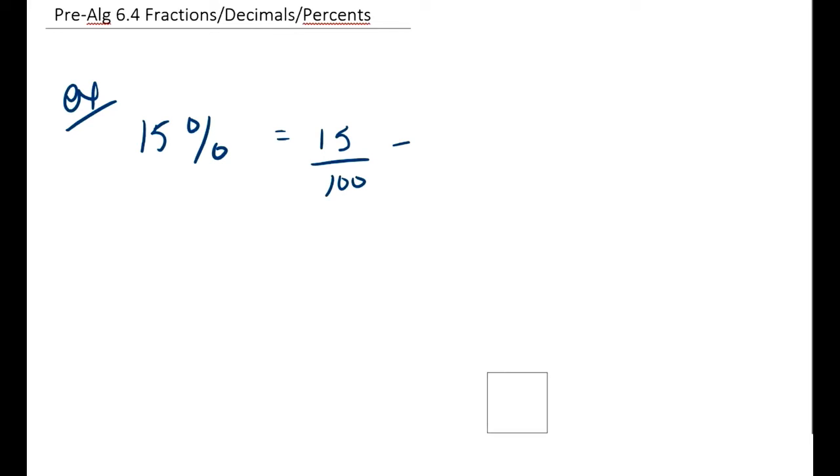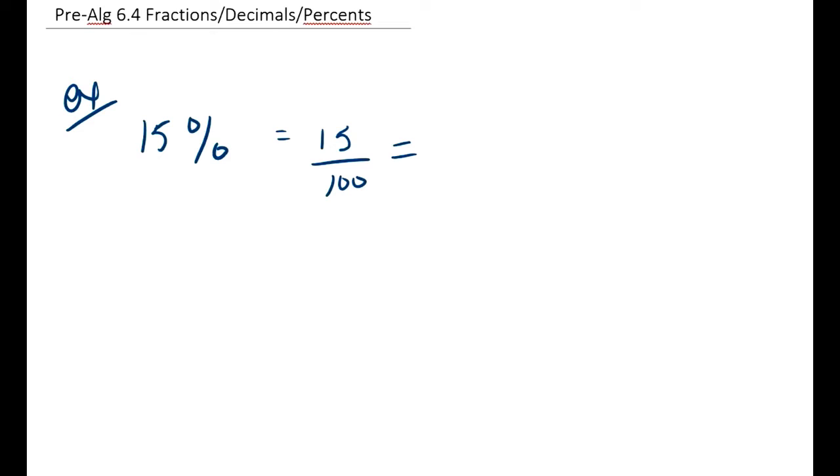So in this section, we'll have something like 15%. And they want us to express that as a fraction, and of course, always in lowest terms. So if we want to express 15% as a fraction, we would put 15 over 100, because percents are always over 100.